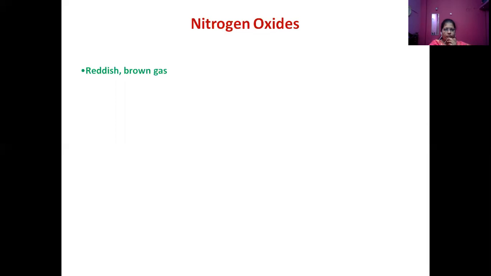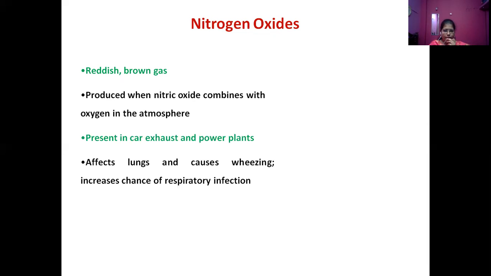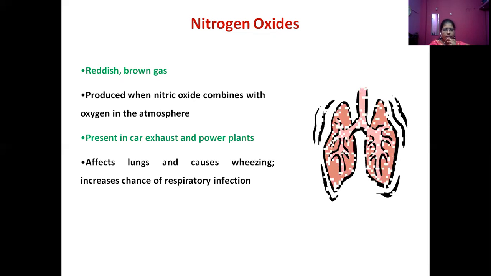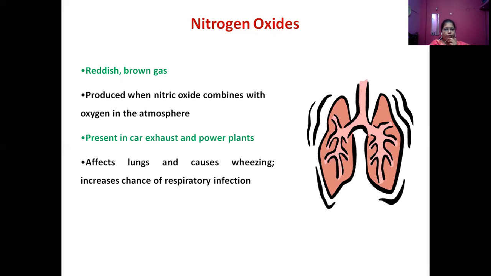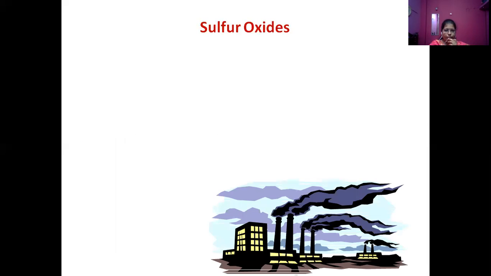Then nitrogen oxides. It is a reddish brown gas which is produced when nitric oxide combines with oxygen in the atmosphere, present in car exhaust and power plants. It affects the lungs and causes wheezing, increasing the chance of respiratory infections.